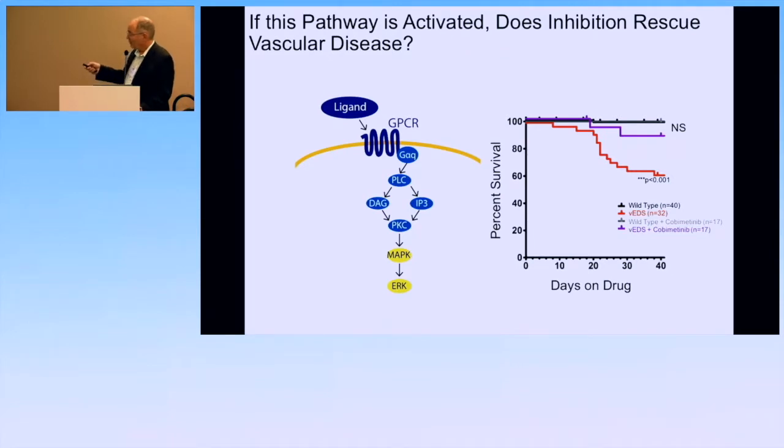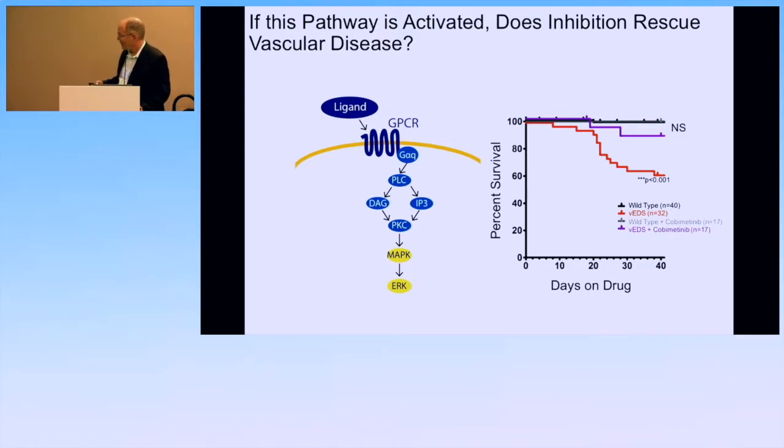So there are a lot of G protein coupled receptors, including the angiotensin II type 1 receptor, also including the beta adrenergic receptor. They all collapse on signaling through the PLC, IP3, PKC, ERK axis.